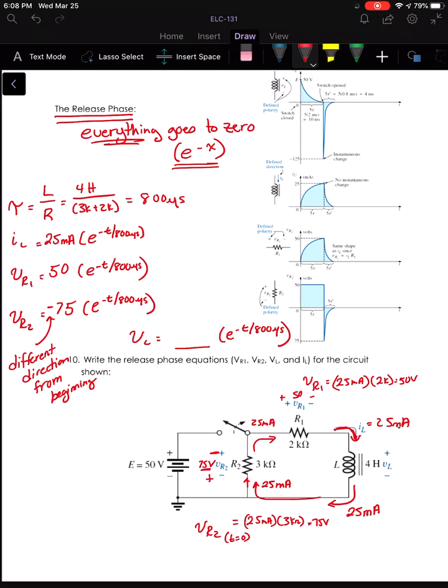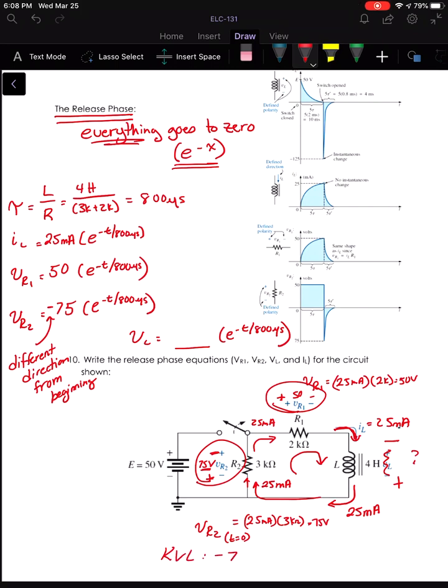So then I have to figure out what's going on with V sub L. When I was at the steady state, VL was 0 because the inductor looks like a short circuit. So at this point, I've got a voltage drop of 75 here, a voltage drop of 75 there, a voltage drop of 50. So I'm going to have a voltage rise in this direction of what?